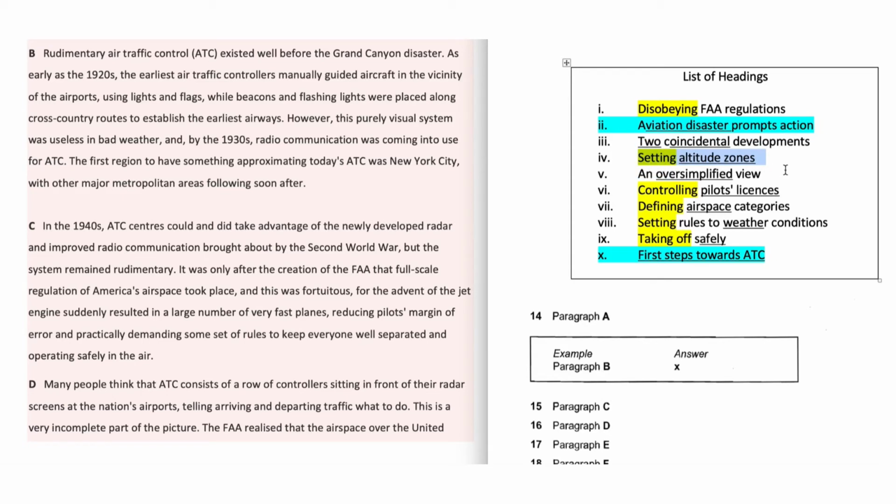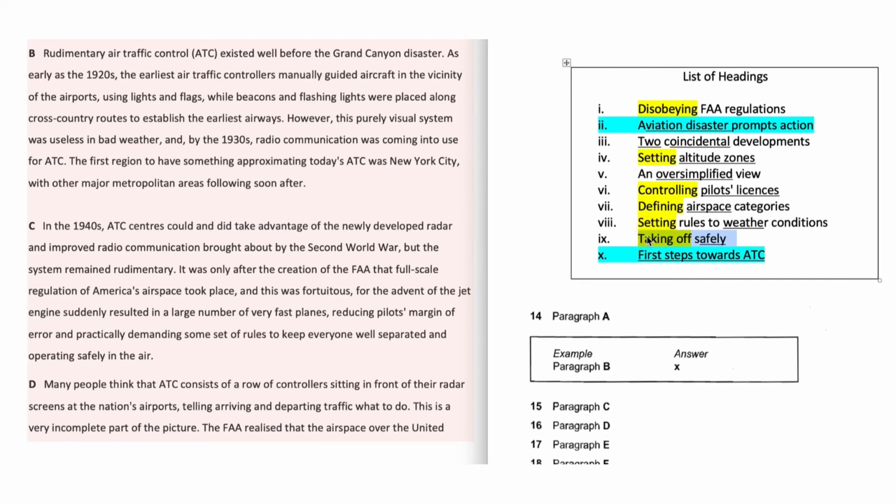Setting altitude zones, no. Oversimplified view, no. Controlling pilot licenses. Well, the paragraph mentions pilots, but there's nothing about licenses. Defining airspace categories, no. Setting rules to weather conditions, no mention of weather conditions. And taking off safely.